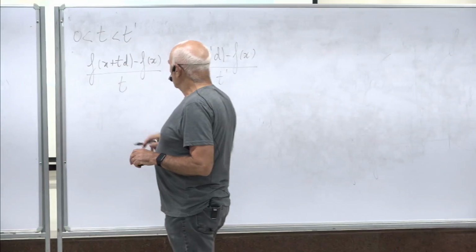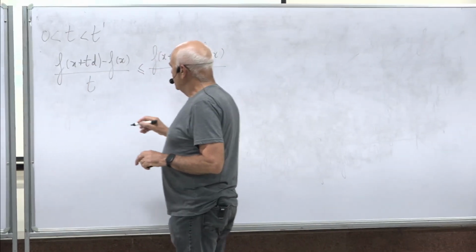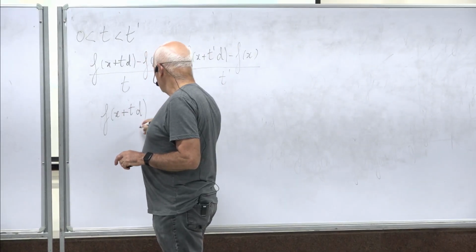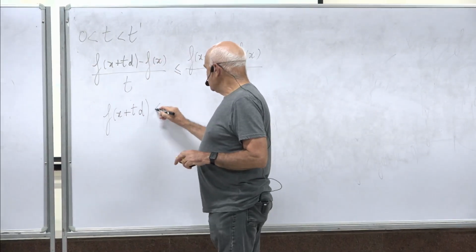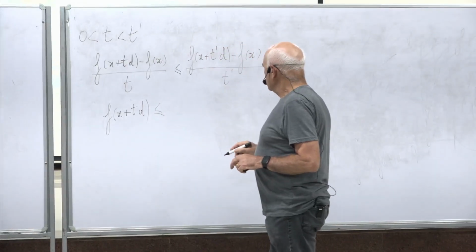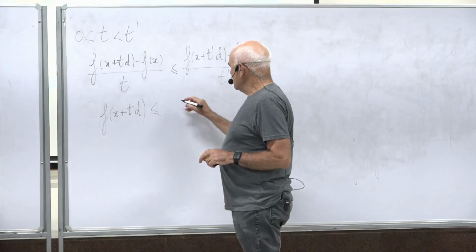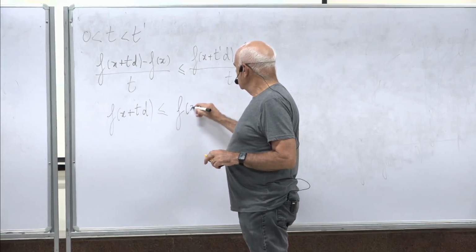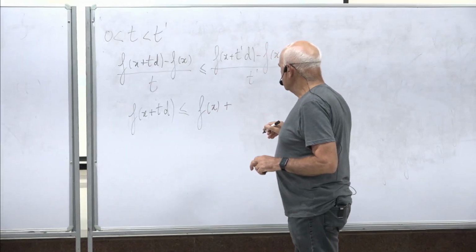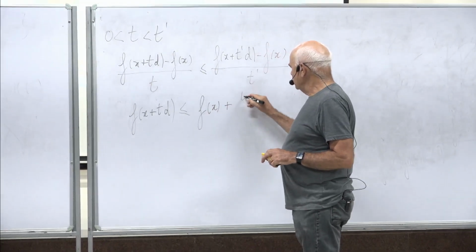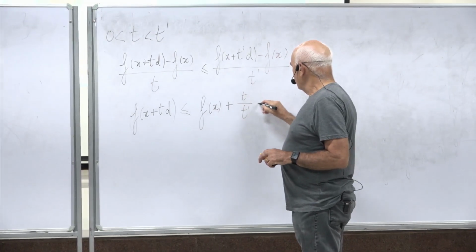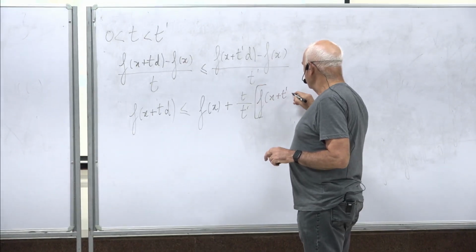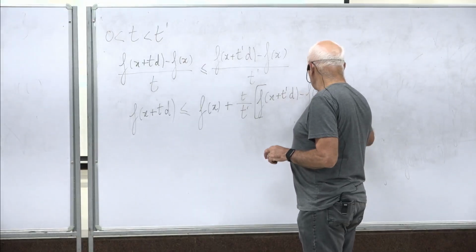And then, if you solve this inequality for f of x plus td, then you get that this is less than or equal to f of x plus t over t prime times f of x plus t prime d minus f of x.